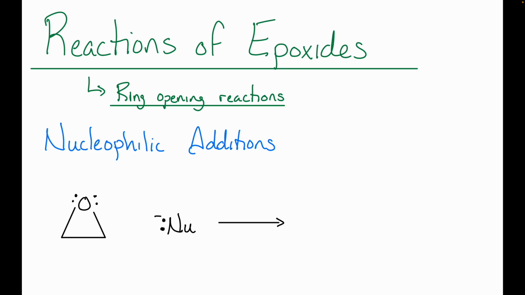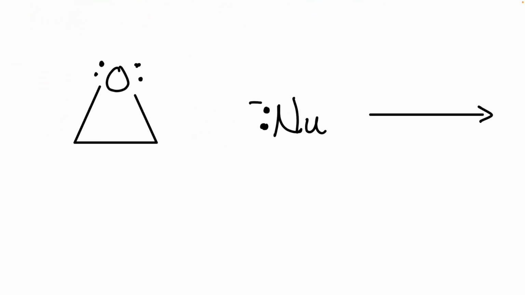All right, so what's going to happen is if we look at our epoxide here, we have this polar bond. Our oxygen's got a whole bunch of partial negative charge, and that carbon atom has a whole bunch of partial positive charge. And so what happens is that nucleophile is going to attack that carbon, but it's not going to stop there.